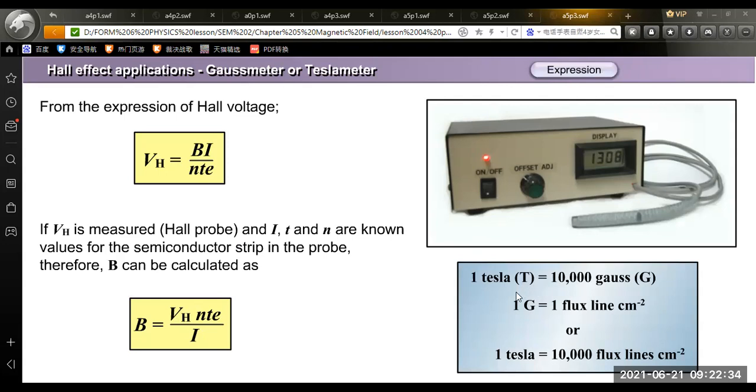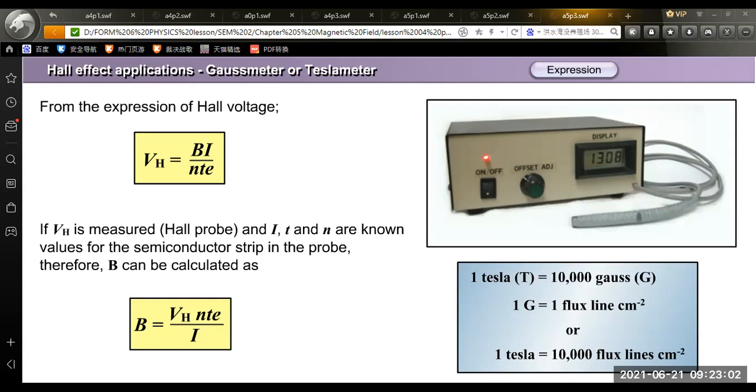So 1 Tesla is equal to 10,000 Gauss. 1 Gauss is equal to 1 flux line per cm squared, or 1 Tesla equals 10,000 flux lines per cm squared. So B is measured in Tesla.